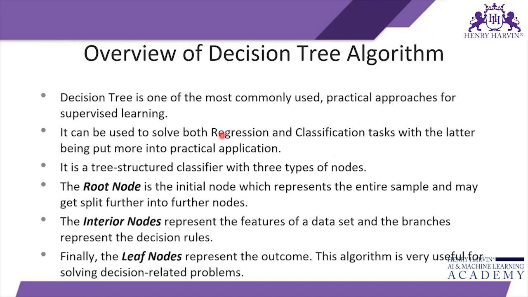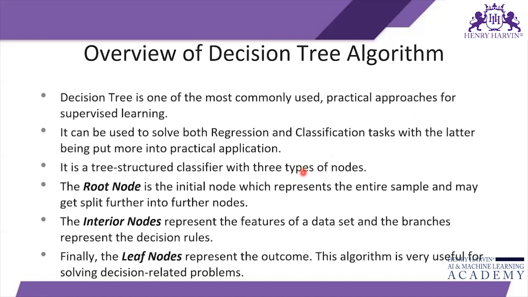Decision tree is one of the most commonly used practical approaches for supervised learning. Basically, it comes under supervised learning techniques. It can be used to solve both regression and classification tasks, with the latter being put more into practical application.